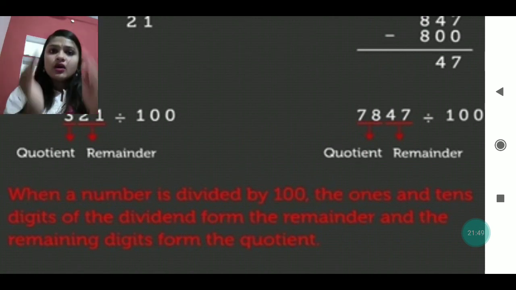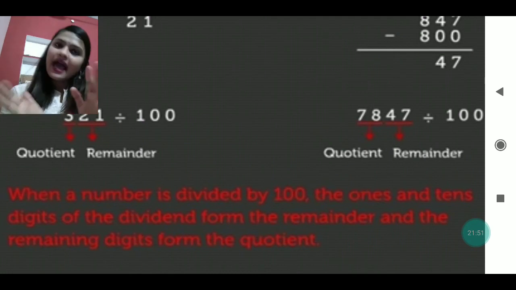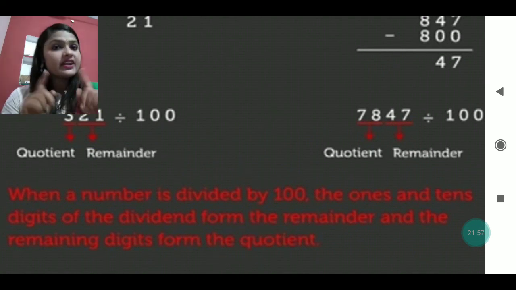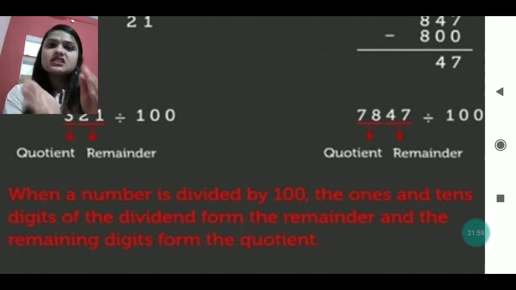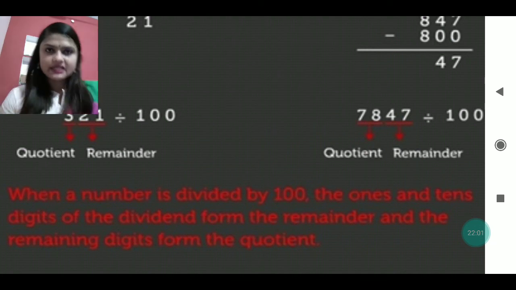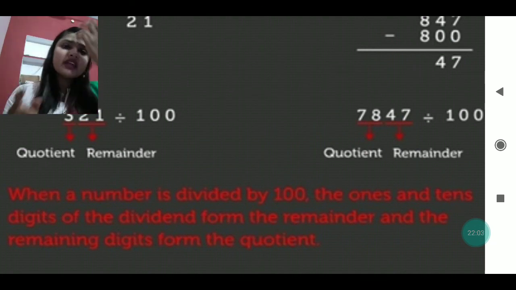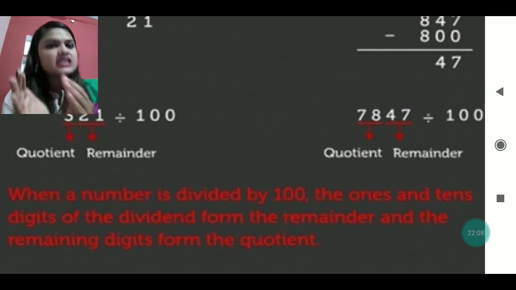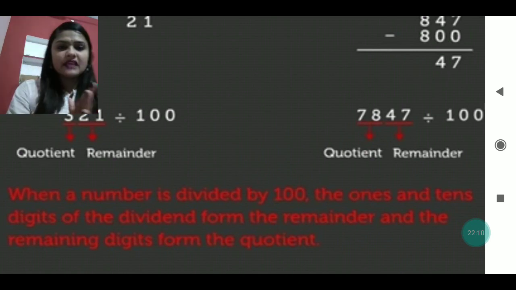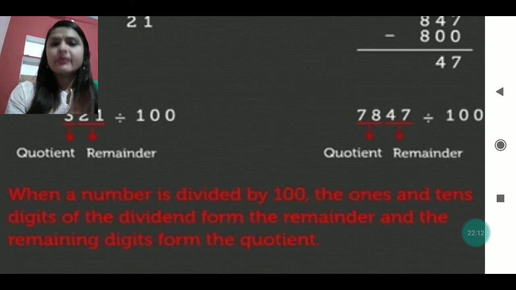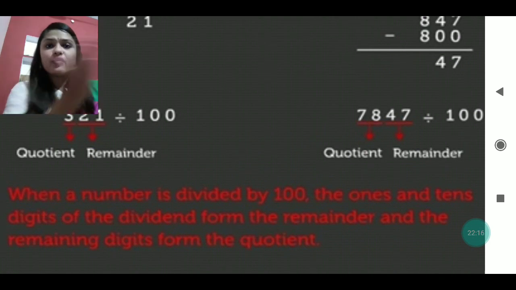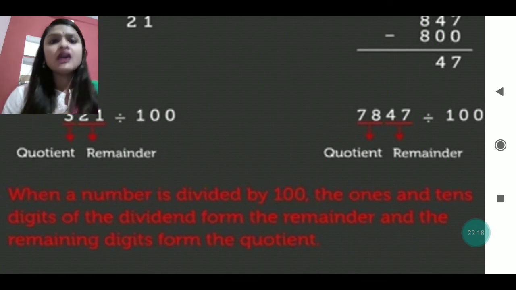What we learned when dividing by 10 is that the number at the ones place is considered the remainder. But when we divide by 100, the numbers at the tens place and ones place are considered the remainder, and whatever digits are written before those are considered the quotient.